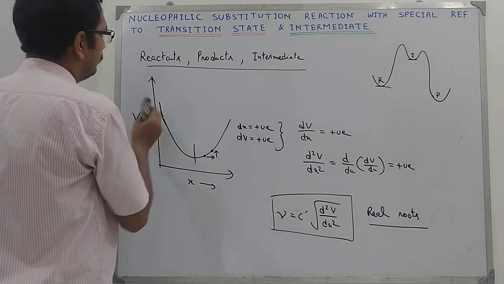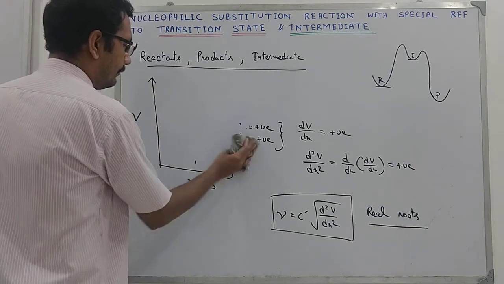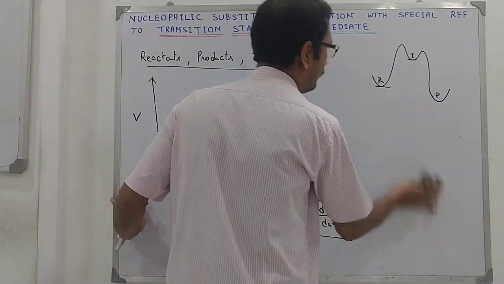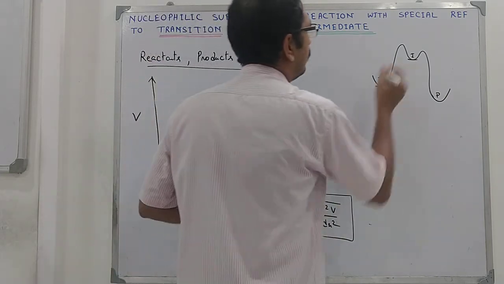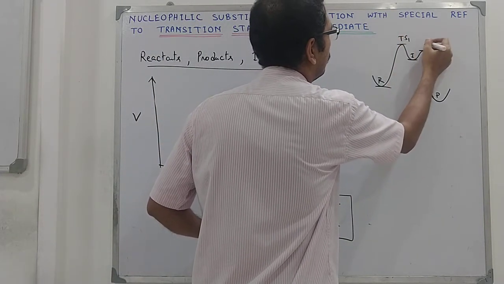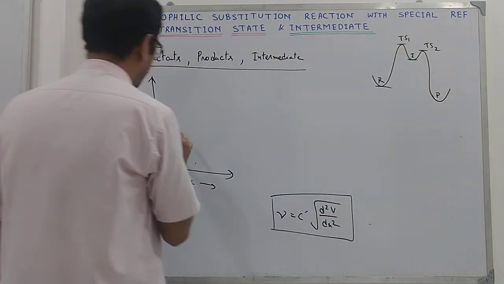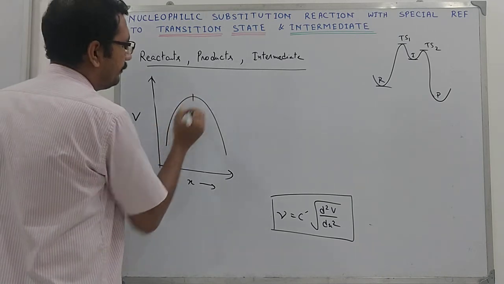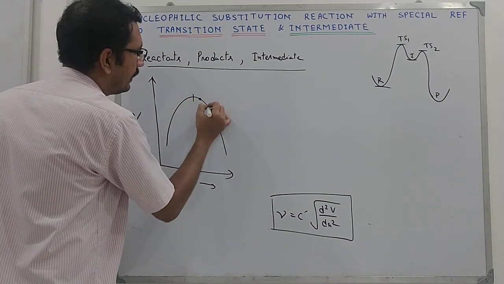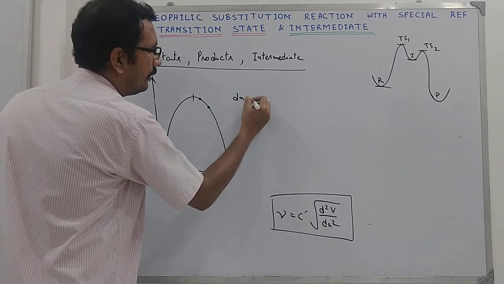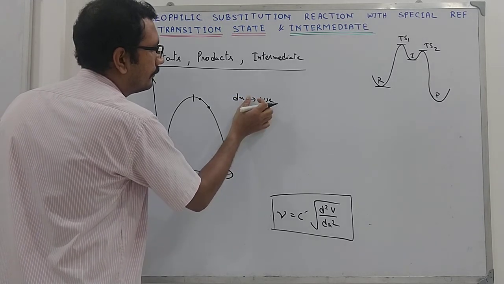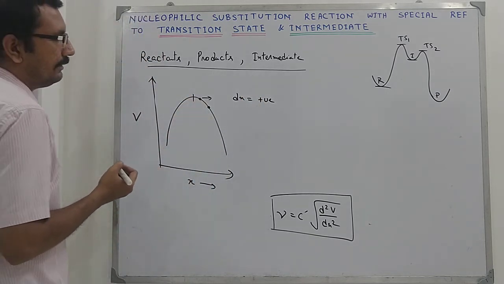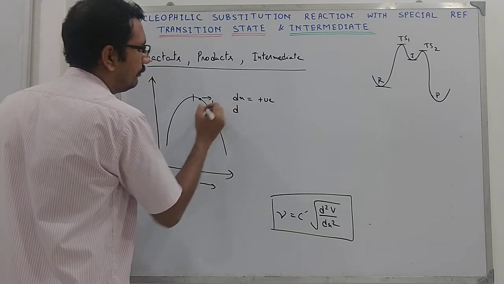But if we consider the transition state, that is here TS1, TS2, we see the potential looks like this, an inverse potential. Now if we start from here and move from here to here, for dx positive, that is we go in this direction, the potential drops.